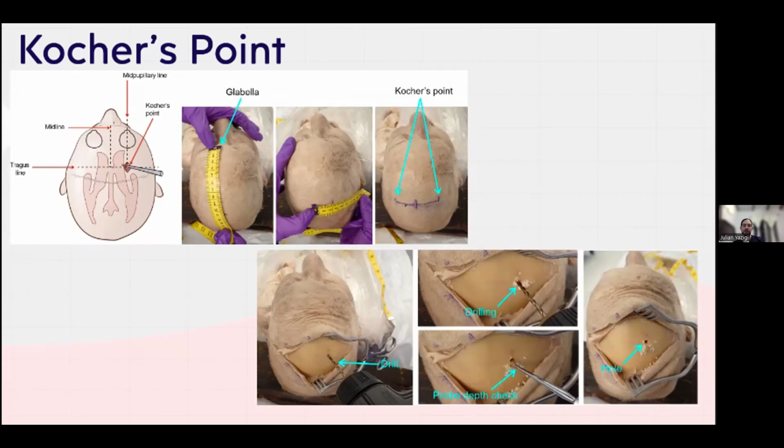Another way to find it is using the mid-pupillary line method, where you align vertically with the mid-pupillary point and track posteriorly around 11 centimeters. This is imperative and can provide a quick bedside estimation, especially when landmarks are not properly visible or when they're obscured.